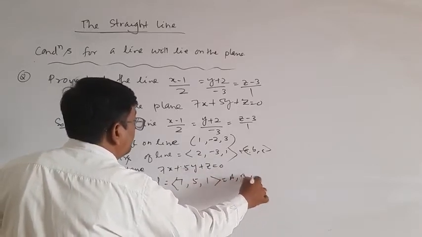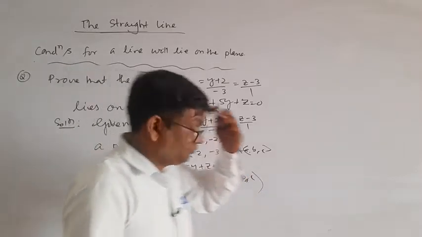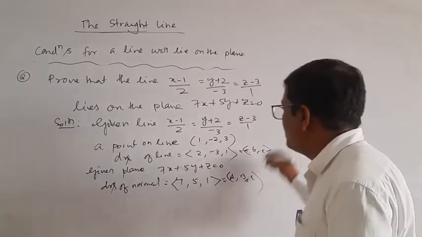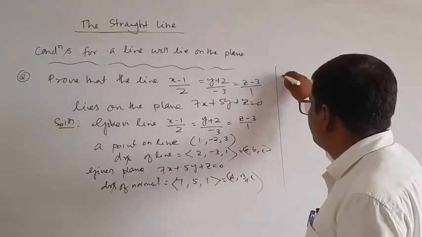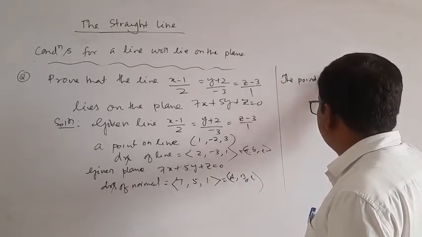Okay, now put the point on the line. Now the point is (1, minus 2, 3).